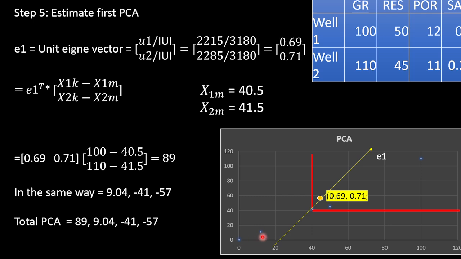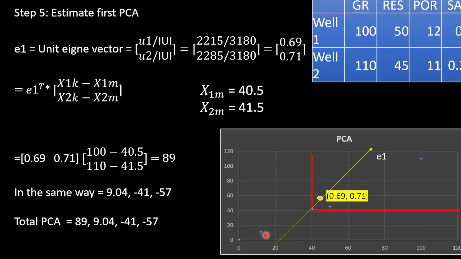You can see there are 4 points, one, two, three, four. Forget the middle one, just leave it. If you put these four values in a two-dimensional axis, you will be getting 1, 2, 3, 4. You can see 100, 110. So 100 and here 110. Like that way 50, 45, 12, 11, 0.2, 0.25. So those values alone were kept over here.